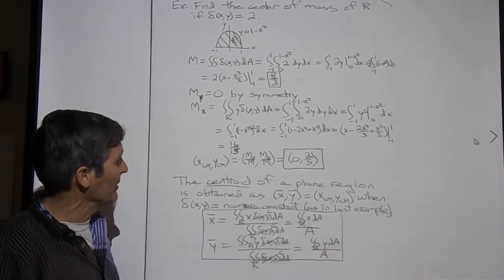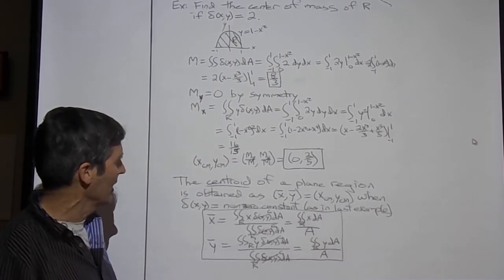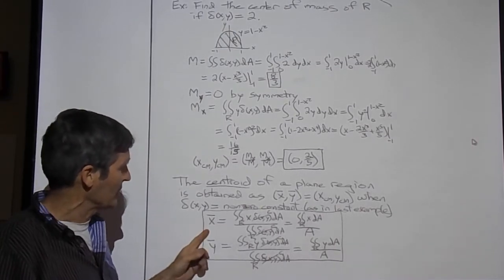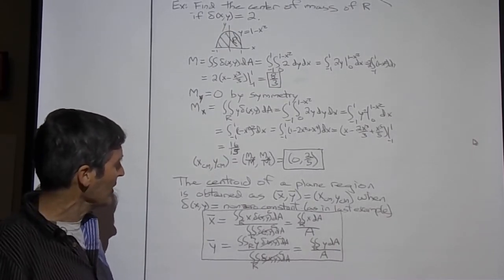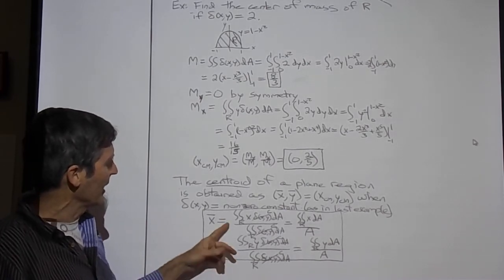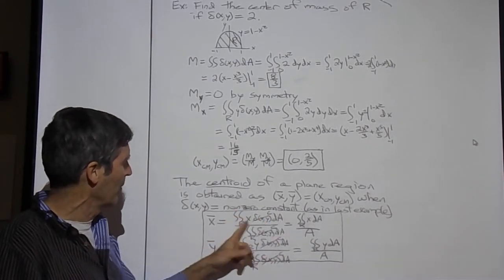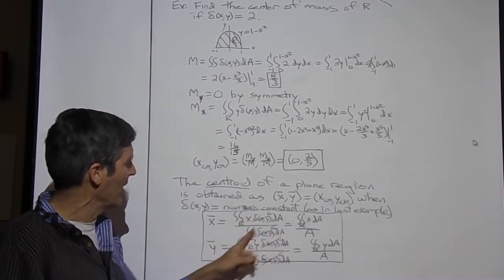This example is an interesting illustration, this constant density, because it leads us to the next topic, which is a centroid. The centroid of a plane region is what you get by taking this formula that we just did, the moment My divided by the mass m.